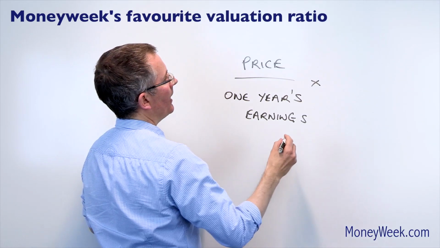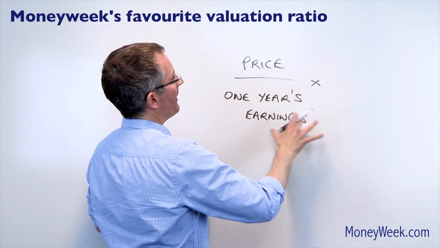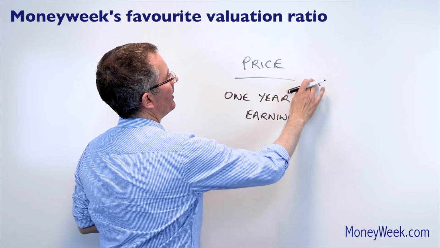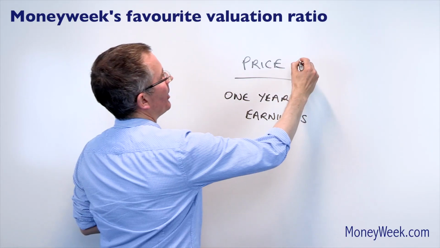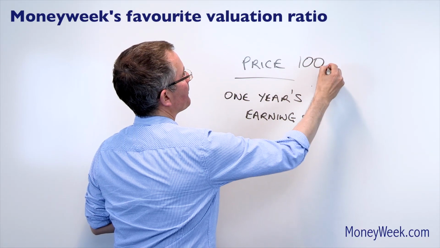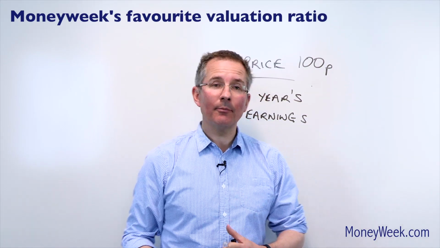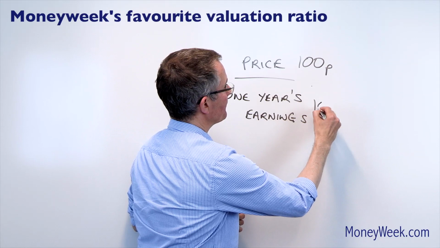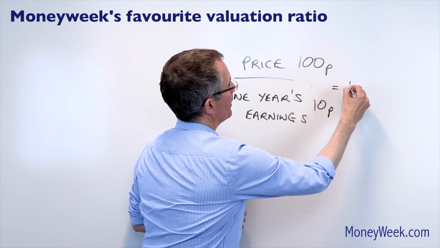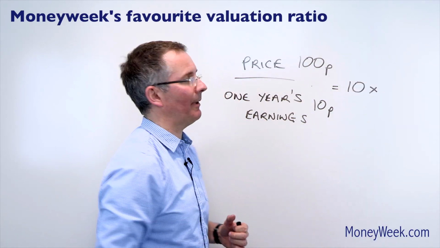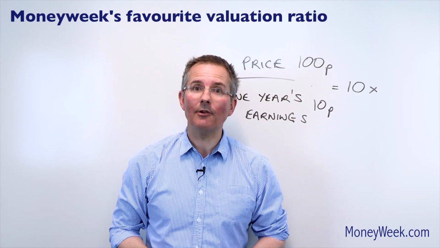Right, and it's a multiple, okay? So at the end of it, let's say if you put in, say, 100p as the price, 1 year's earnings on a per share basis might be say 10p, you get a PE ratio of 10 times.